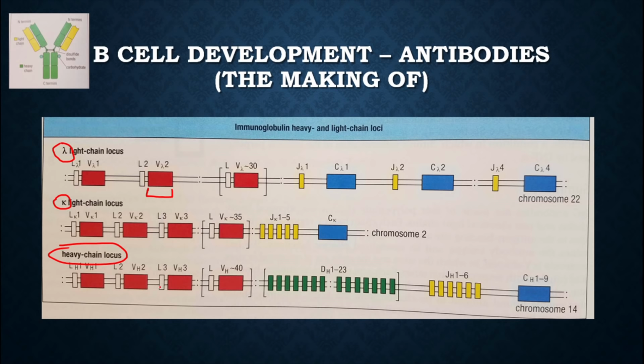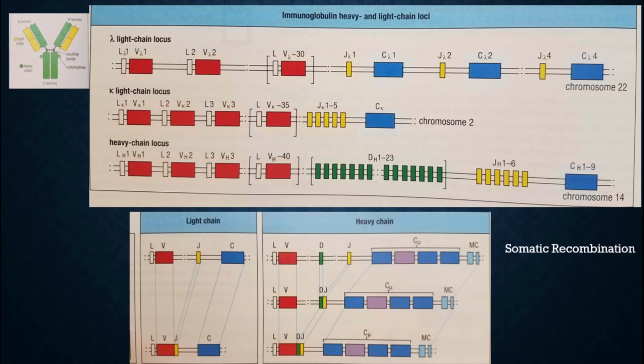Importantly, in the heavy chain we have three regions: the V region, the D region, and the J region, whereas in the light chain we only have the V region and the J region. So there's a little more diversity within the heavy chains. What's going to happen is our body will pick one of the V regions, one of the J regions, and then a constant region for the light chain.